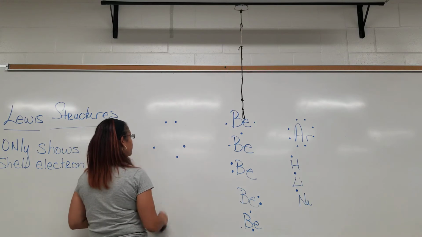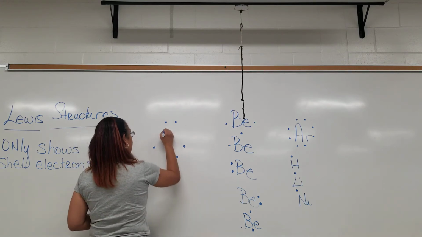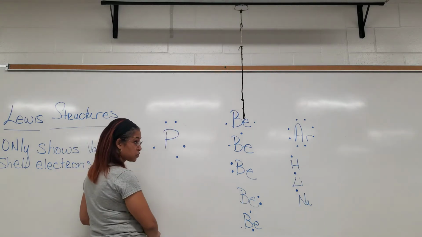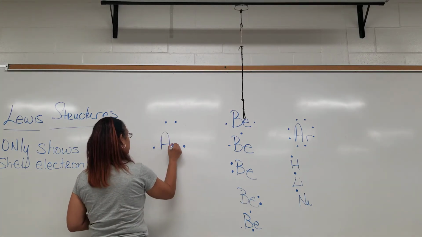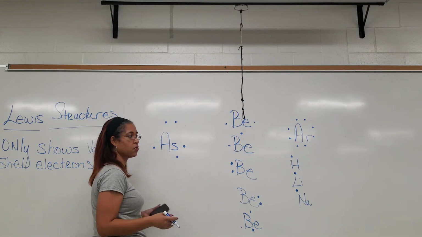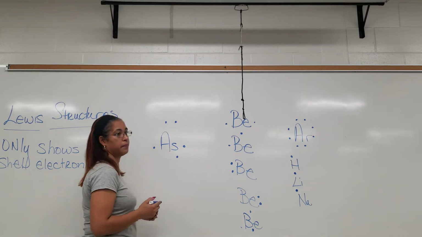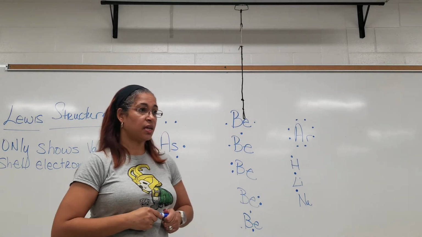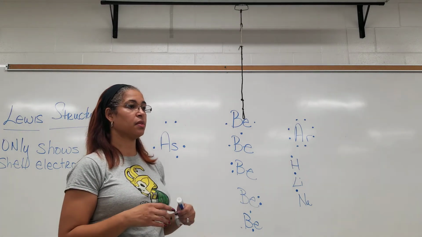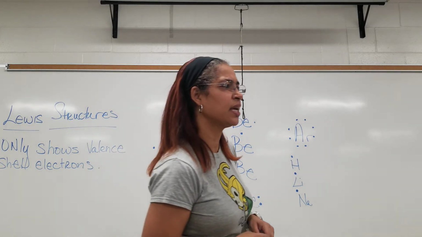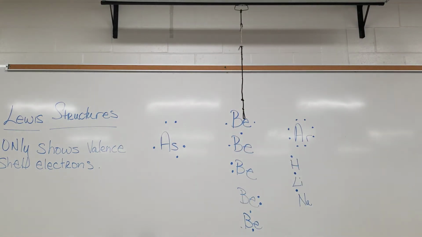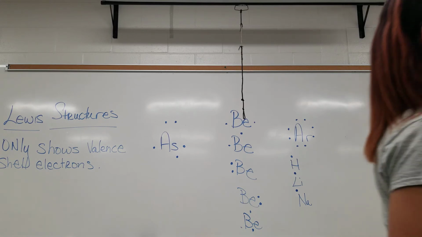Below nitrogen, we have phosphorus, which would look like that. Arsenic would look like that. Okay, so on and so forth: tin, bismuth, and element 115 that I can't see from here. Oh, flerovium, I was looking at the wrong one.